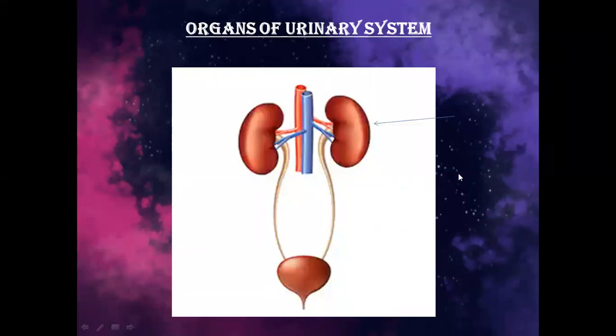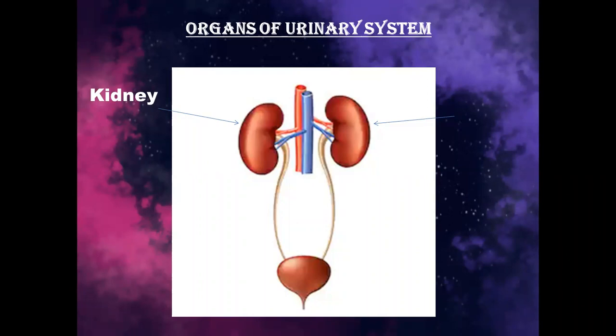We have two kidneys, one kidney, two kidneys. This is the right kidney and this is the left kidney. So first we have two kidneys.